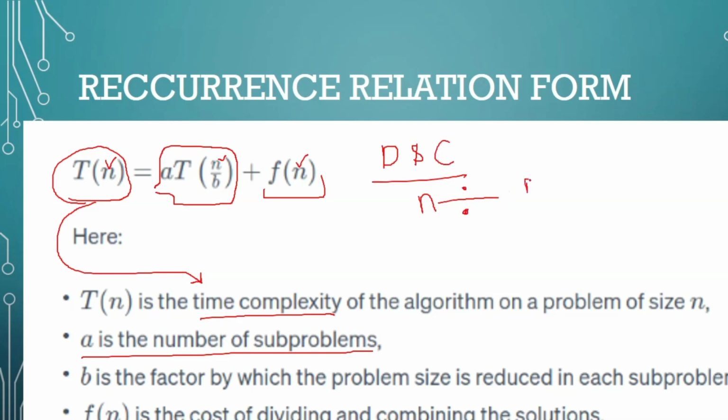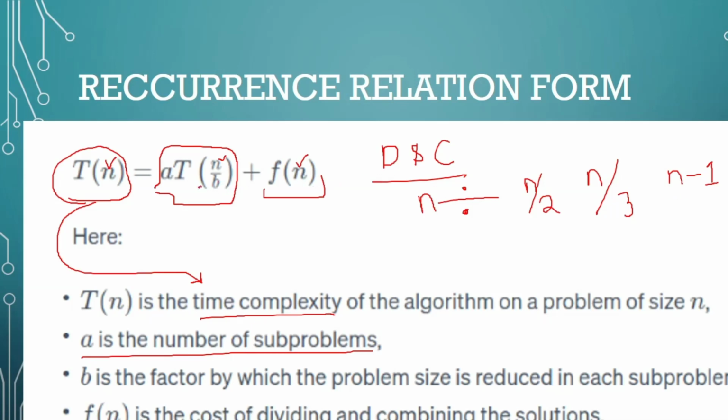So for example, we can have n/2, we can have n/3, we can have n-1. So they're all divided into sub-problems, and later on these sub-problems are combined to form the solution, once the solutions of the sub-problems are combined to come up with the final solution.